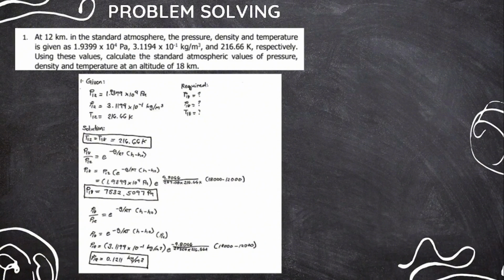Using these values, calculate the standard atmospheric values of pressure, density, and temperature at an altitude of 18 kilometers.